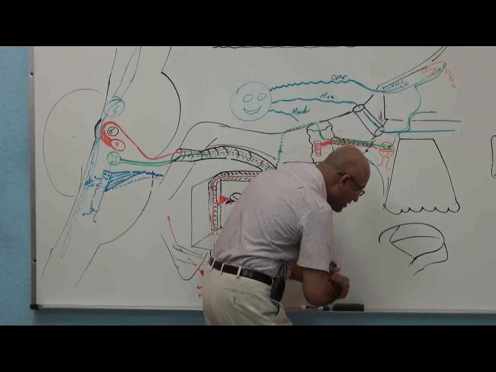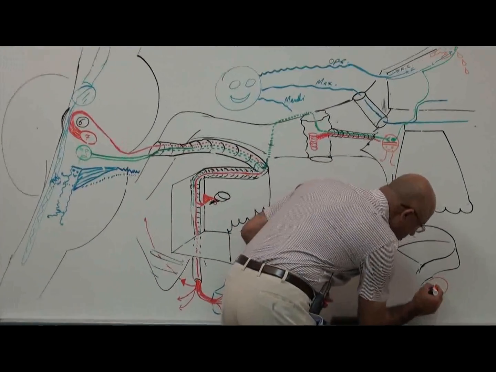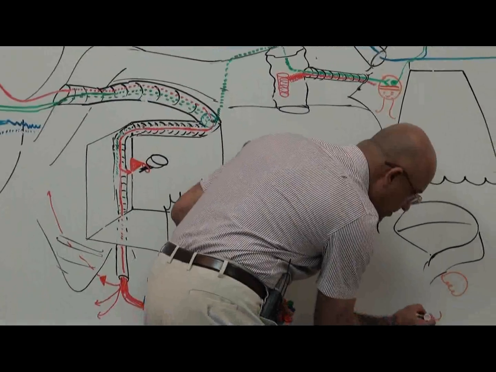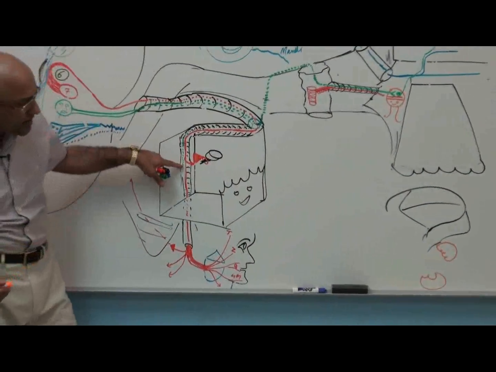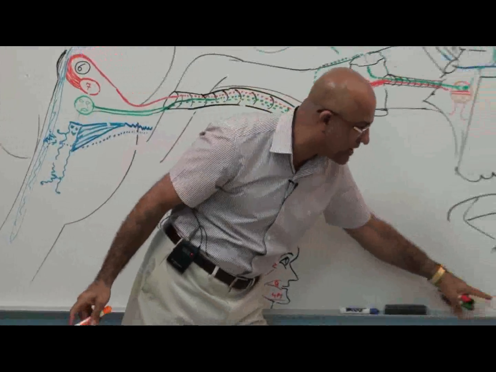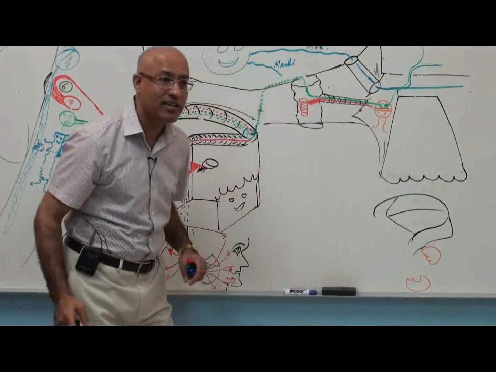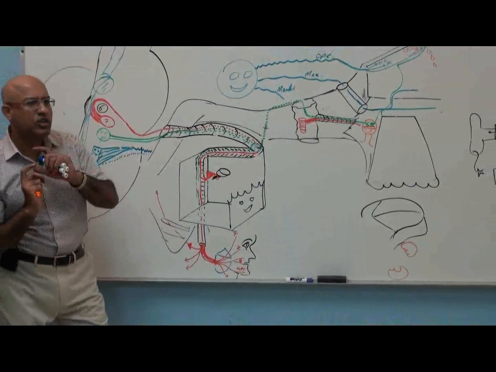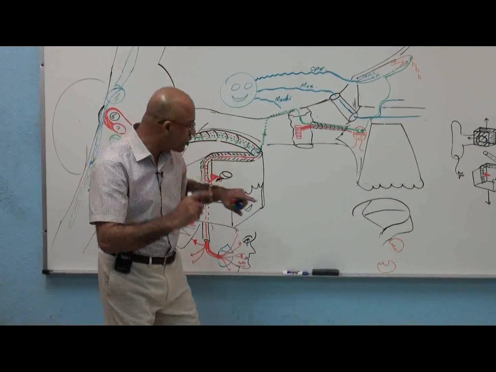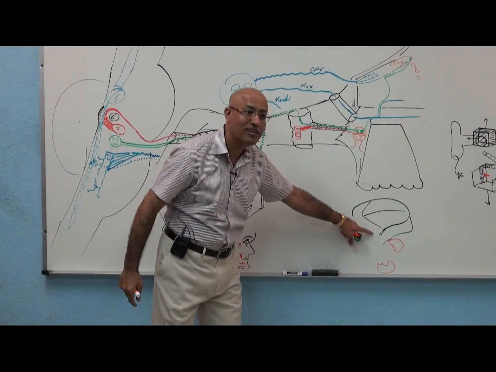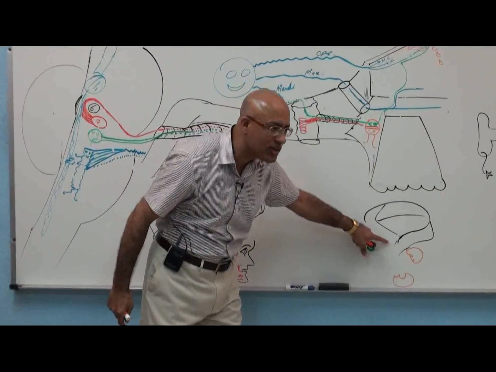They have to go to the sublingual gland. What is this gland here? Sublingual gland. And what is this gland here? Submandibular gland. Now these parasympathetic fibers need to go to the sublingual gland and submandibular gland. Now they have to somehow jump from the track and reach some nerve which is going near to the tongue. Are you understanding?